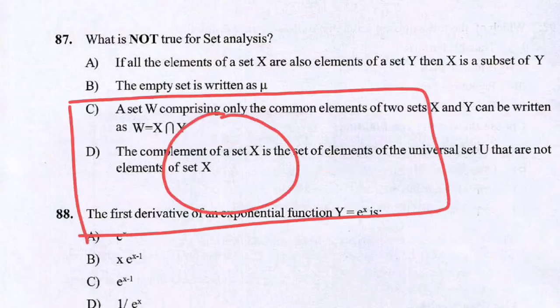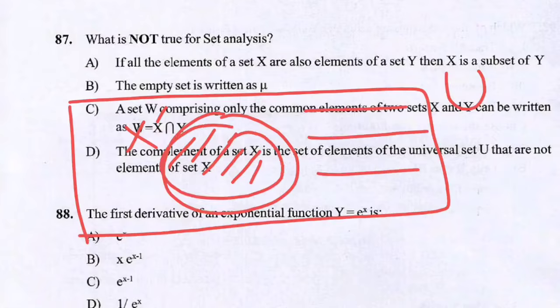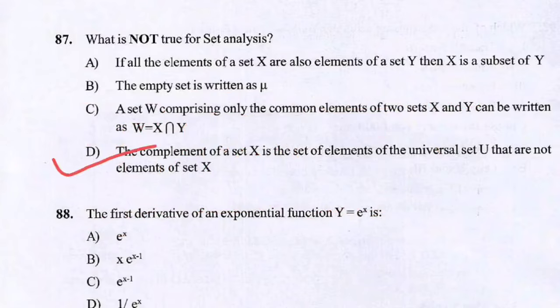If this denotes X, then X complement means all the other elements which are not in set X, that is this very portion. So this is correct, this is also correct, this is also correct, this is incorrect.